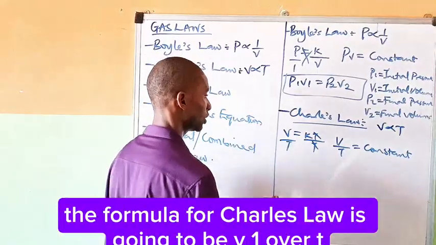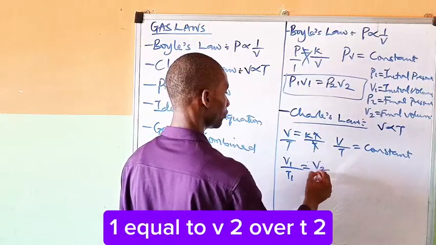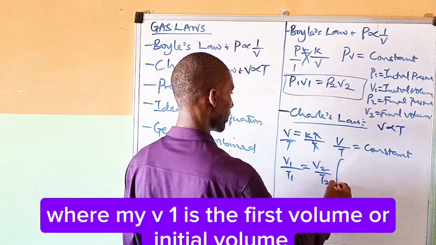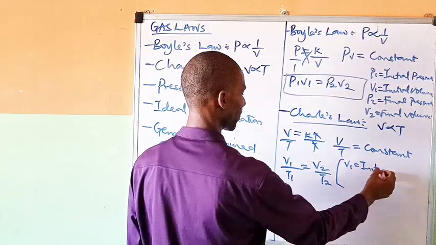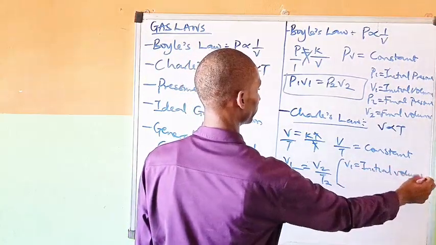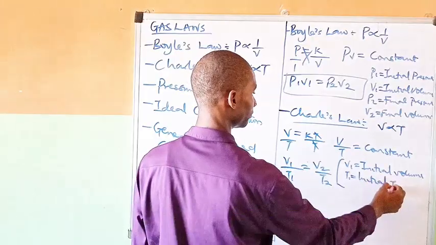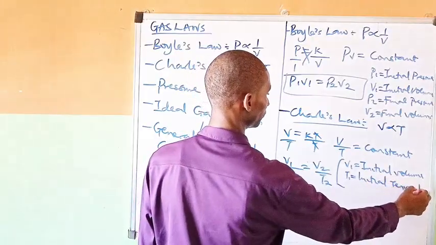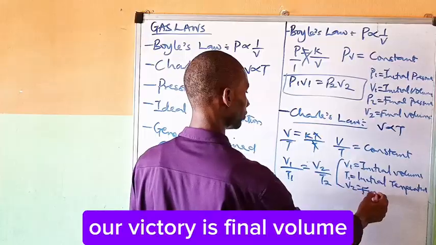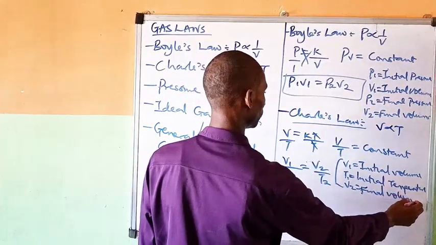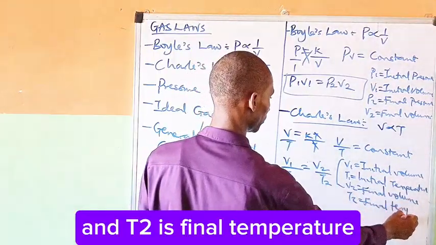The formula for Charles' law is V1 over T1 equals V2 over T2, where V1 is the first or initial volume, T1 is the initial temperature, V2 is the final volume, and T2 is the final temperature.